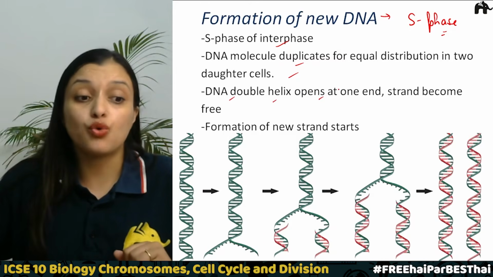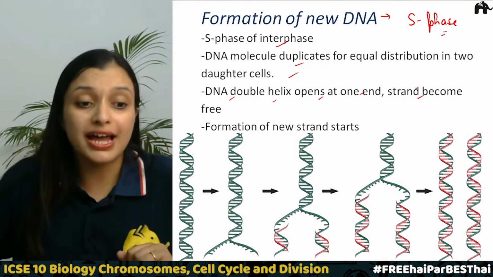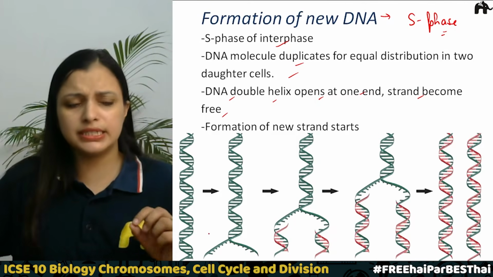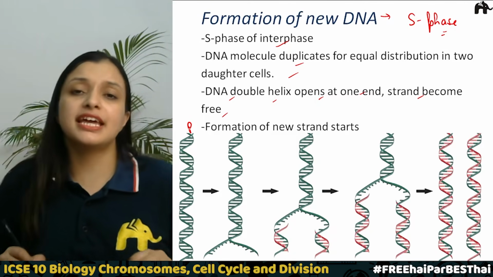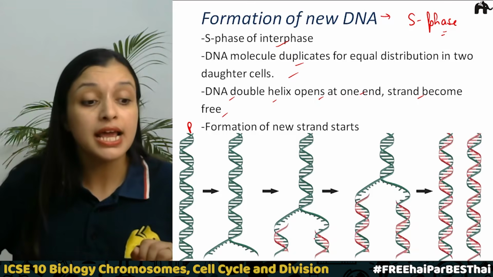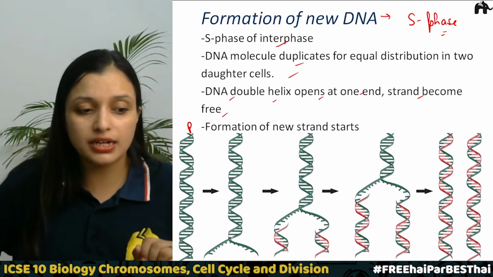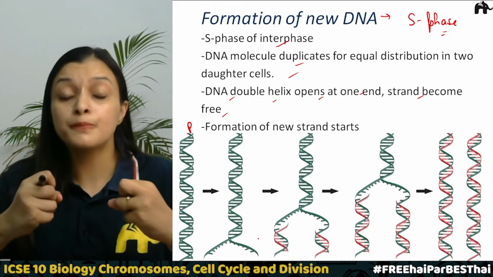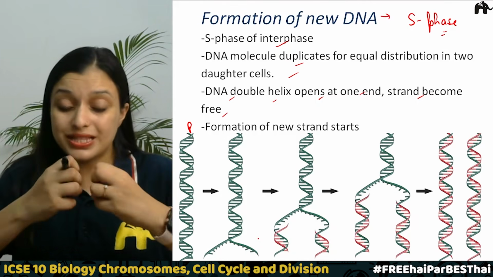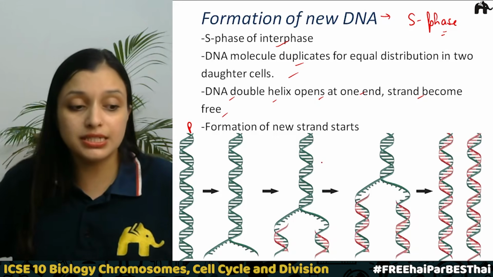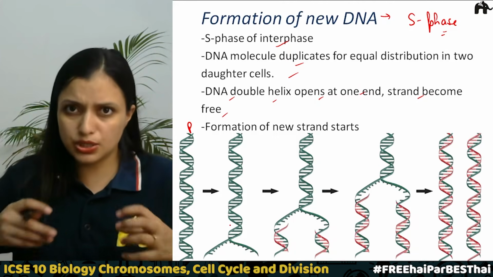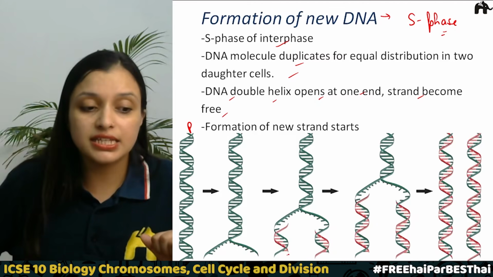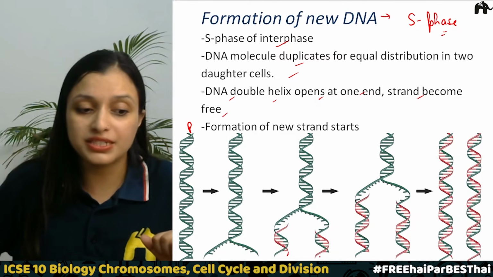DNA double helix opens at one end, strand becomes free, right? So this is the DNA molecule, the parent DNA molecule. Now what will happen? This DNA will start unwinding. The hydrogen bonds between the two strands will start breaking. So it will unwind, it will open, and then the DNA synthesis starts from the opposite ends, right?